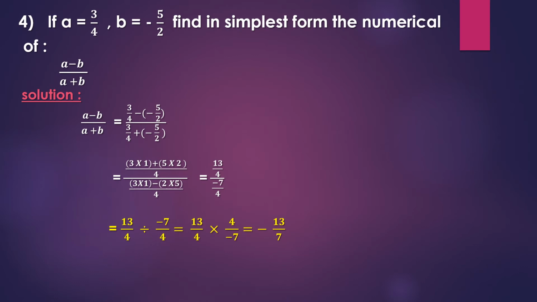We convert the division operation to a multiplication operation to get 13/4 times 4 over negative 7, which is equal to negative 13/7 in the simplest form.